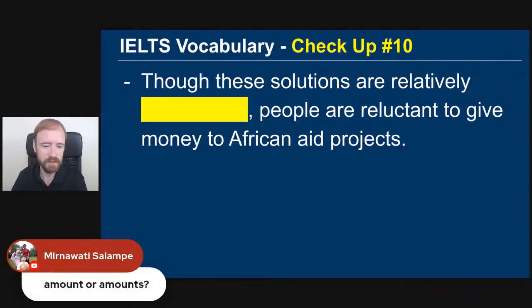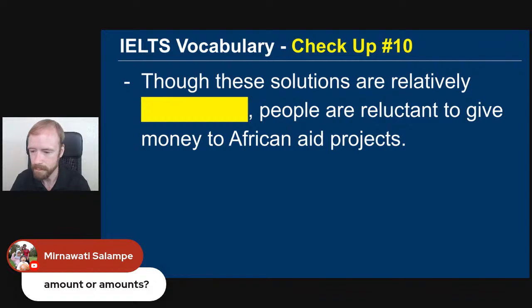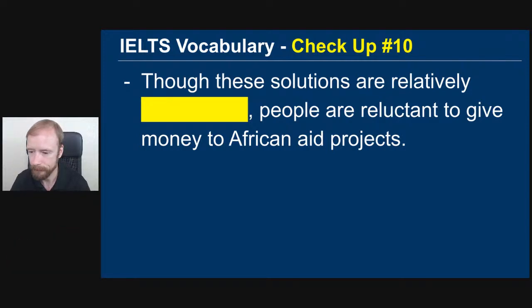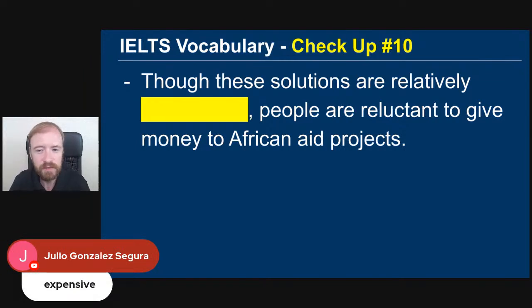Vast amounts. What did I use? Vast sums or sums with an S or amounts with an S? Always with an S. Though these solutions are relatively expensive, people are reluctant to give money to African aid projects.